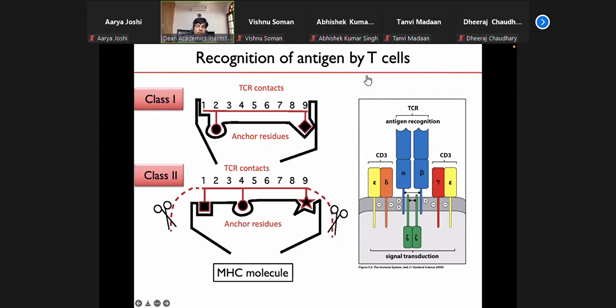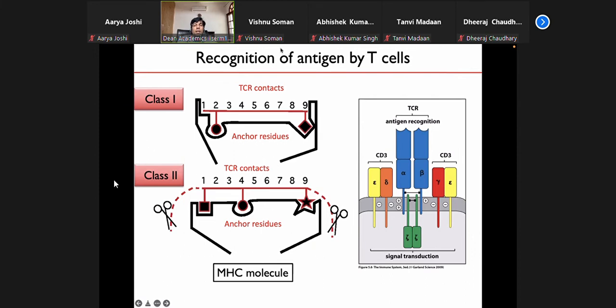Essentially, these MHC molecules can load peptides in the pocket where these peptides sit in. So which peptides will be loaded on MHC class 1 will be decided by which MHC molecule you are talking about. And there is huge polymorphism in MHC molecules, which provides further diversity in antigen recognition. So essentially, T cells can recognize more antigens or antigenic peptides than B cells.